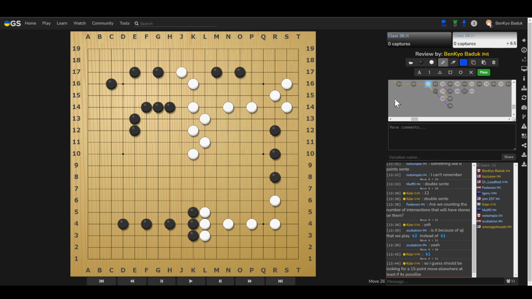Okay, so players around 5 dan plus are always extremely sensitive to points, and there's nothing stopping you from becoming sensitive to them as 10Q, 5Q, 15Q.